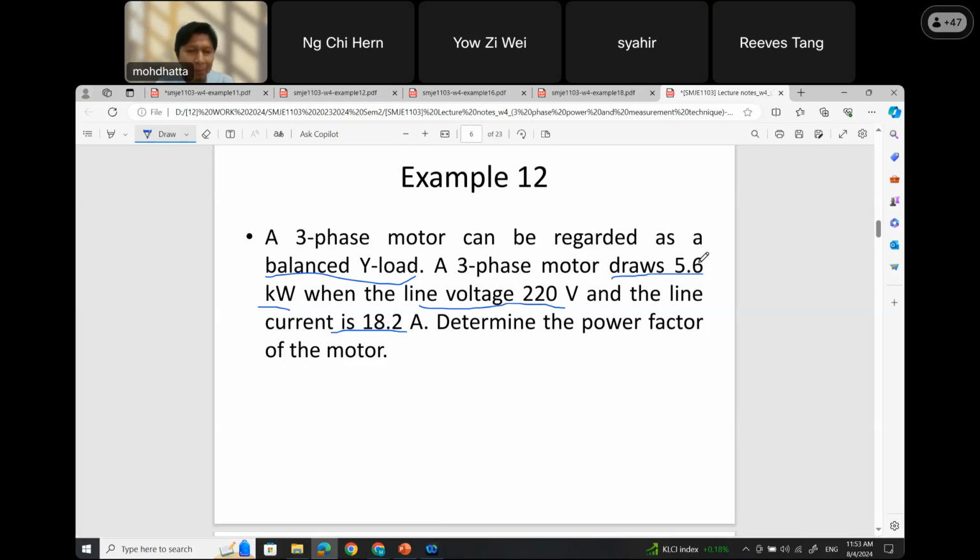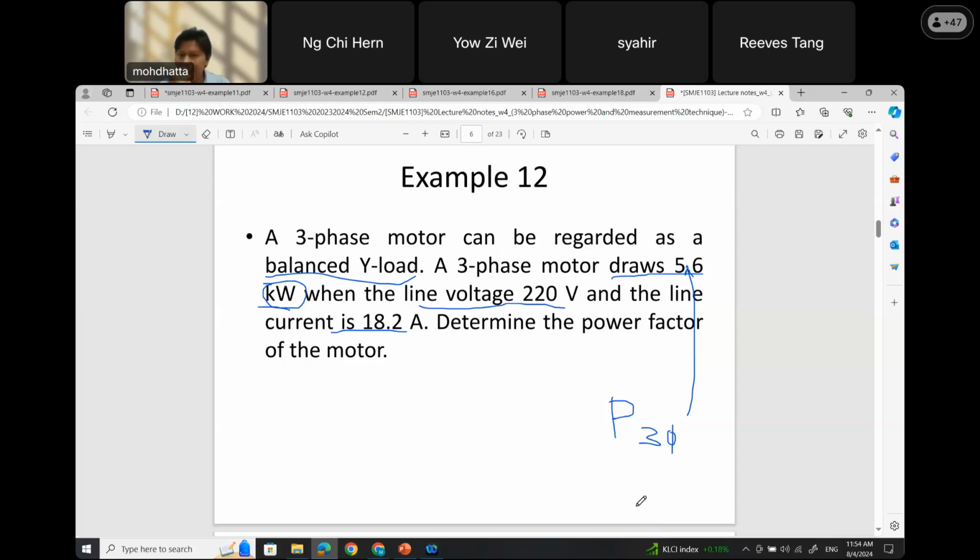It doesn't mention per phase. So we can say that this information is the three-phase power information. And since it is kilowatt over here, it is the active or the average power. Active, average, another one is real power.